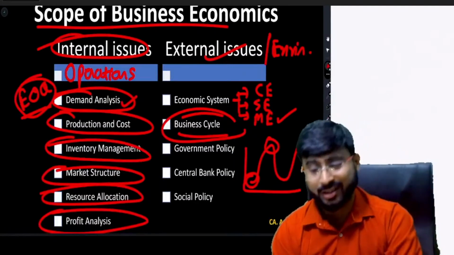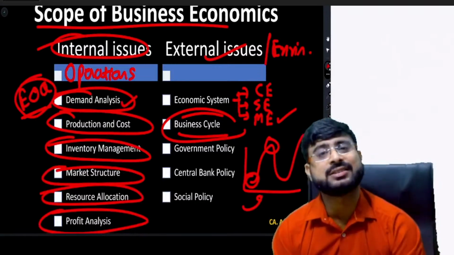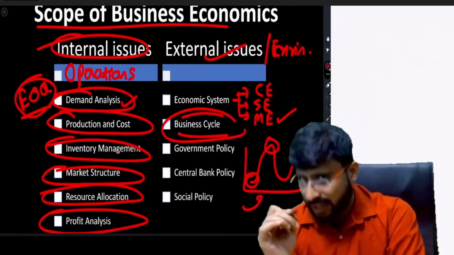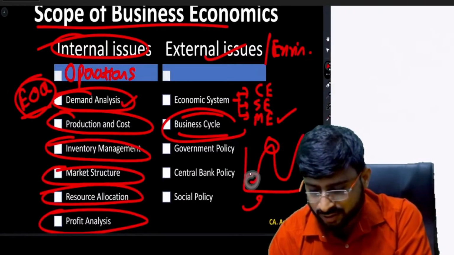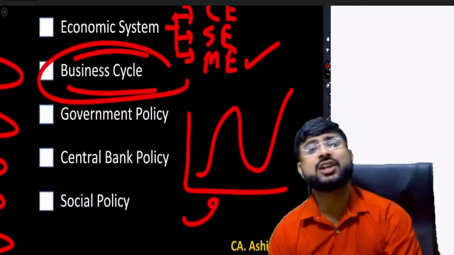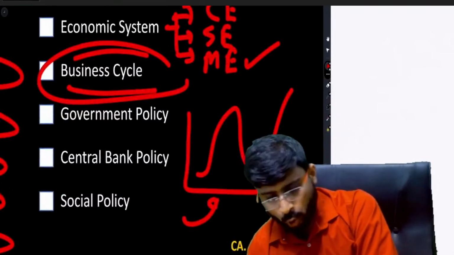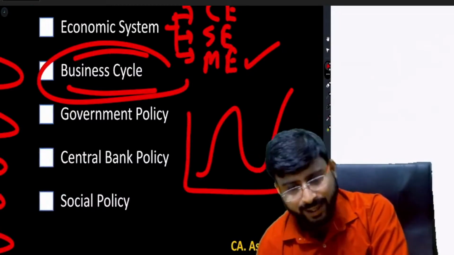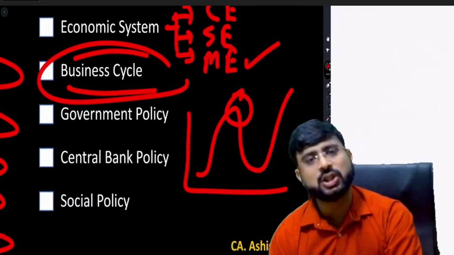So a business organization needs to analyze where it stands, where its products stand in the market. I'll give you an example. Suppose we are in a world where typewriters were being used. Now a new typewriter has come into the market. So now the typewriter business is at the top.